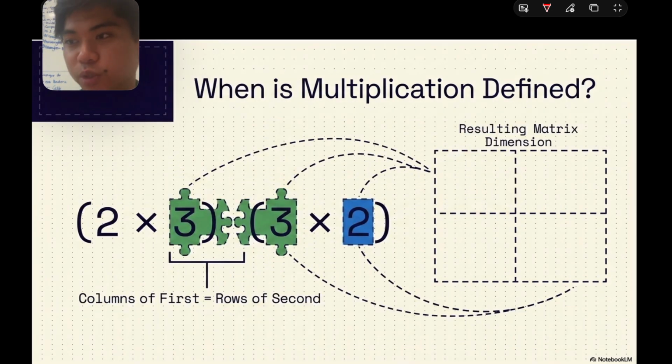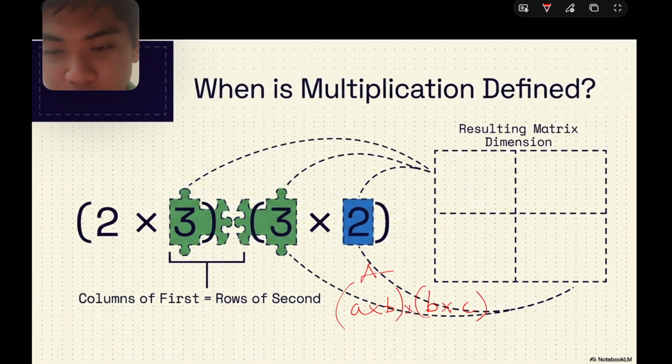So when is multiplication defined? Firstly, we have to have the inner dimensions matching. Quite simply, if we have A times B dimensions for the first matrix and B times C dimensions for our second matrix, then we check: are the inner dimensions, so the columns of the first matrix, equal to the number of rows in the second matrix?